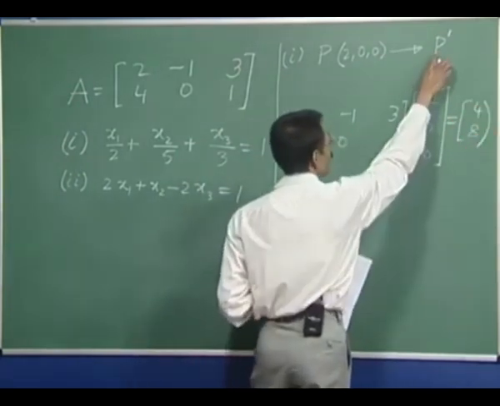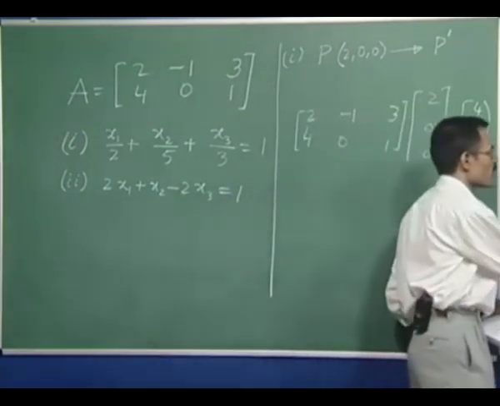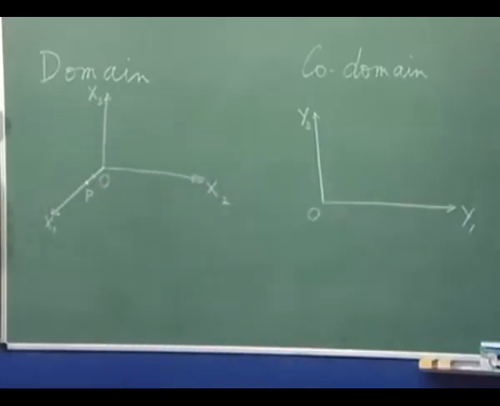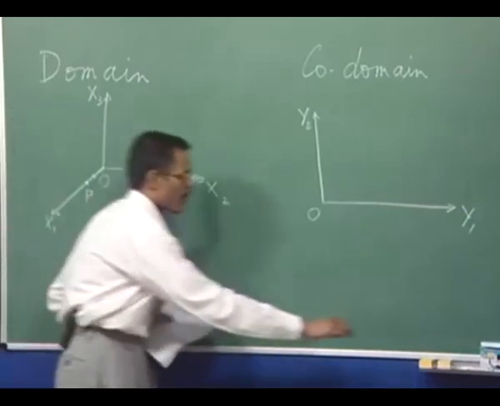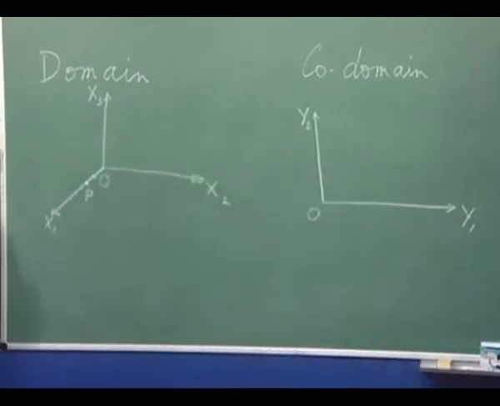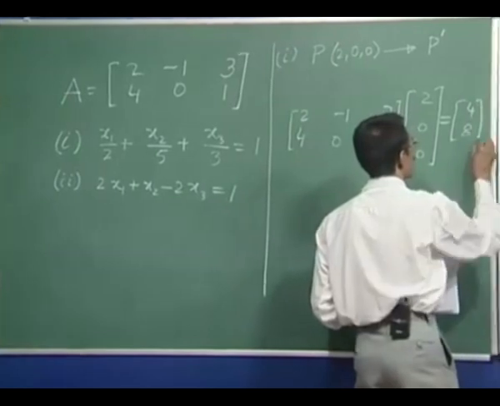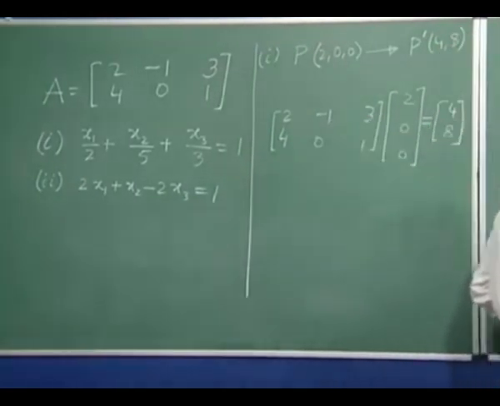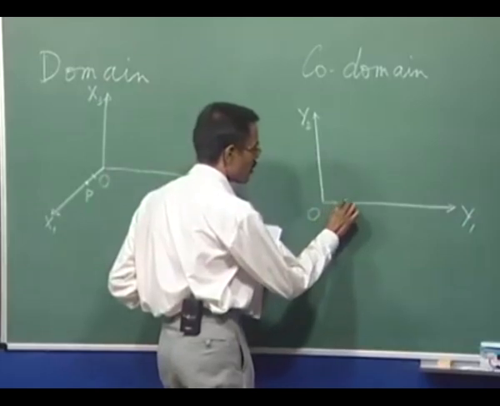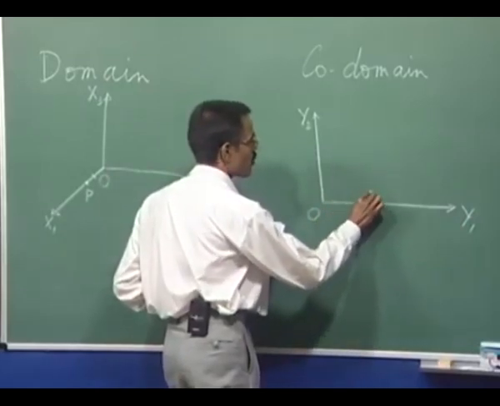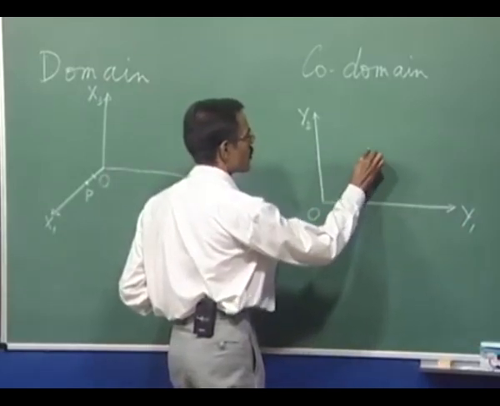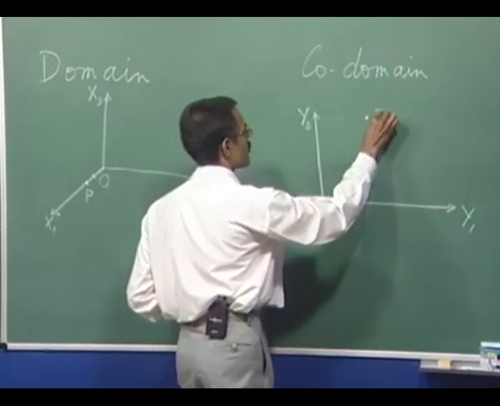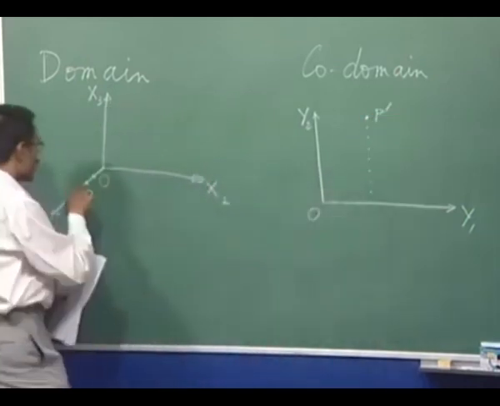That means the point P prime, which is the mapped position of this point P, is 4, 8. So, we plot that point here: 1, 2, 3, 4, and 1, 2, 3, 4, 5, 6, 7, 8. This is point P prime, the mapped point from P.